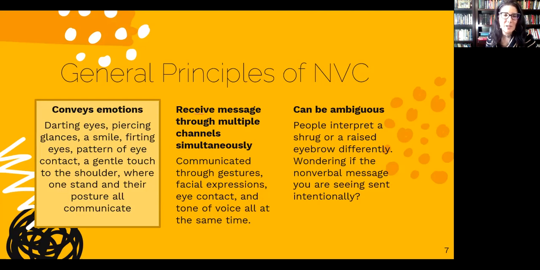Sometimes in that ambiguity, and I'm sure this has happened to all of us, you wonder if the message you received from somebody's nonverbal communication was what they actually wanted to communicate. Are you reading it correctly, or are you reading too much into it?